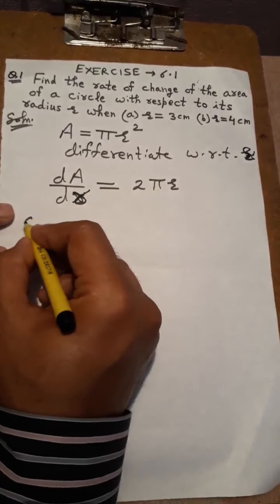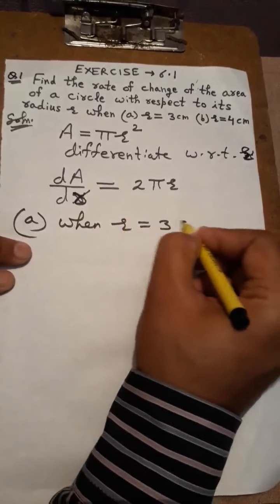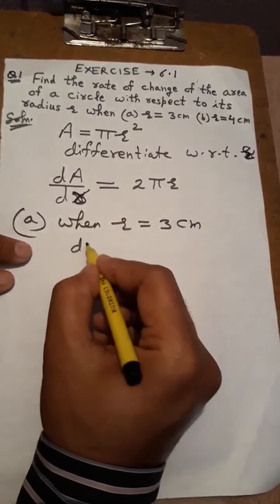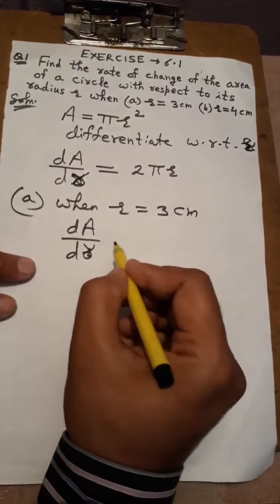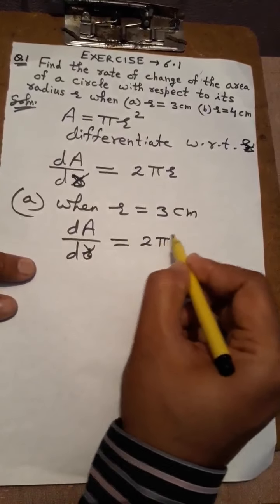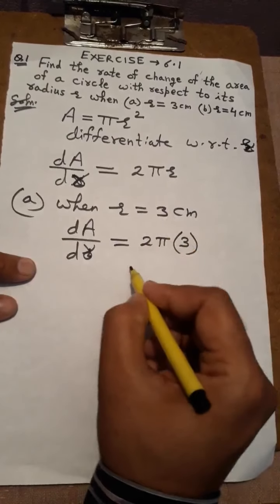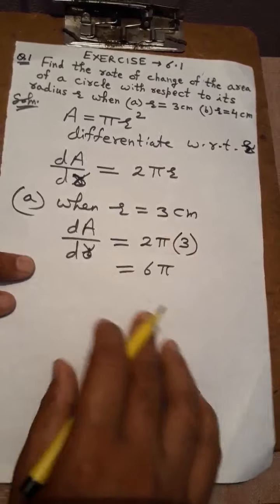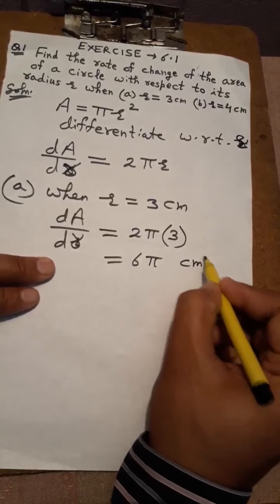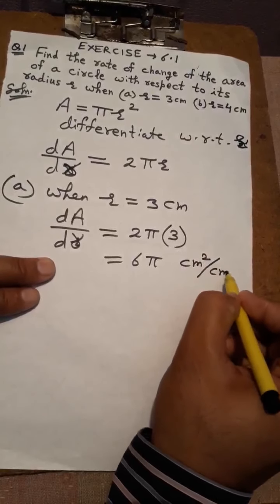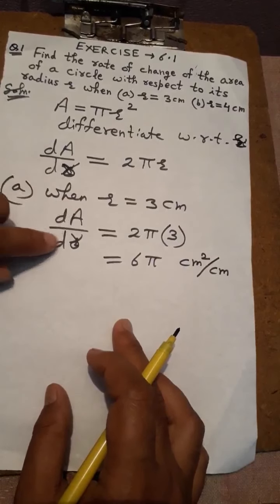First part: when radius r is equal to 3 centimeter, the value of dA upon dr is equal to 2 pi into 3, so its answer is 6 pi. What is the unit of this? It is centimeter square per centimeter, as you know, it is the rate of change of area with respect to radius.